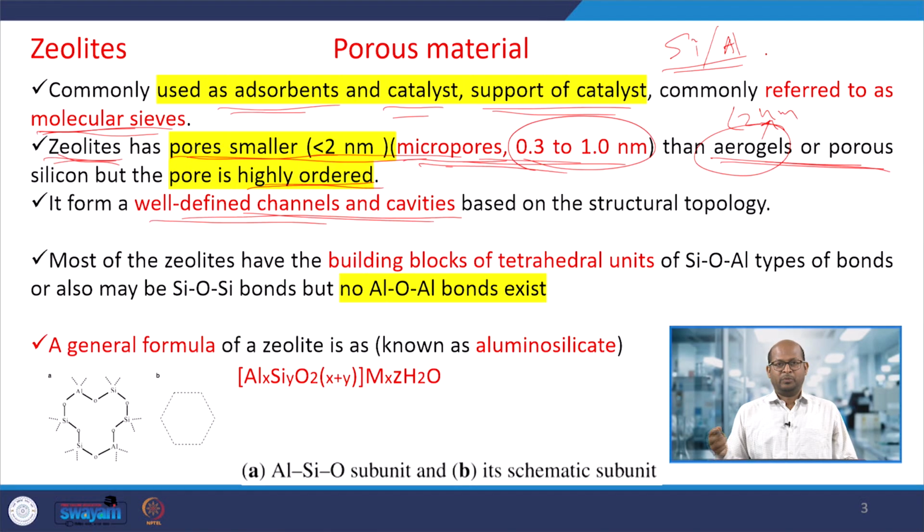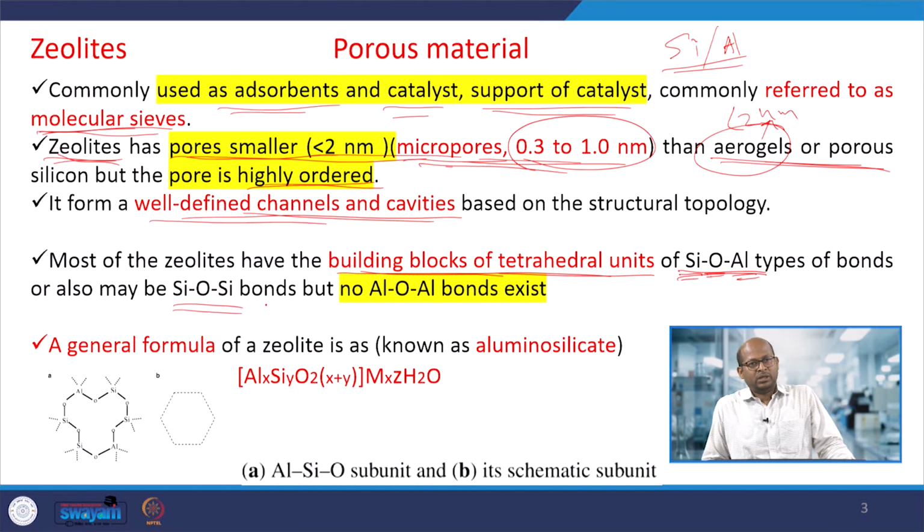These are the two metal elements present. The building blocks are tetrahedral units of silicon oxide and aluminum oxide, both forming a tetrahedral network structure, interconnected with oxygen bonds. Silicon-oxygen-silicon bonds are present in these structures, but aluminum-oxygen-aluminum bonds do not exist in this type of zeolite material.